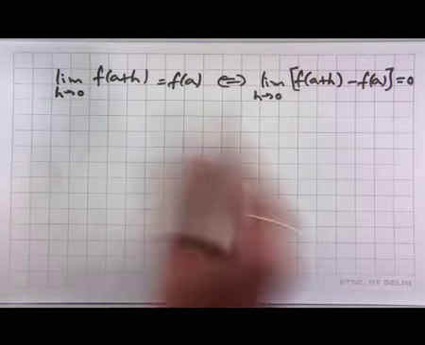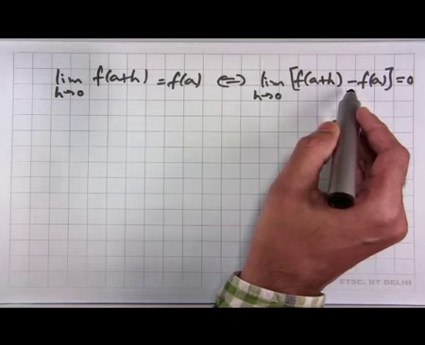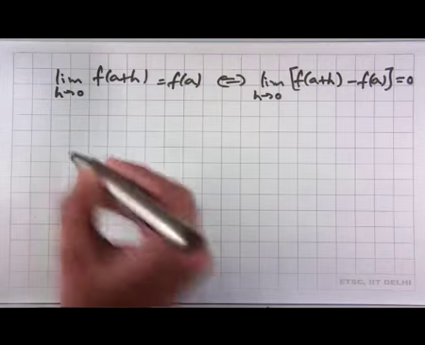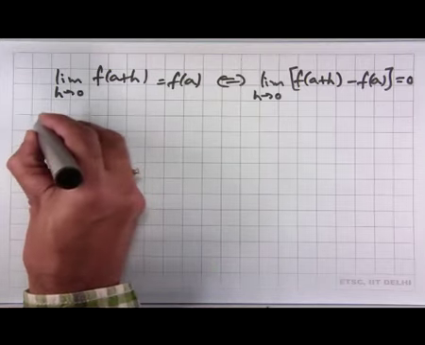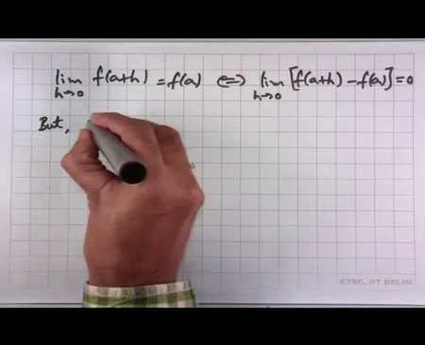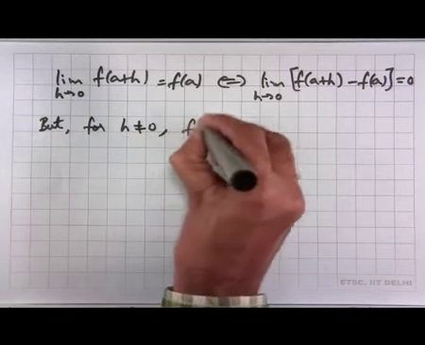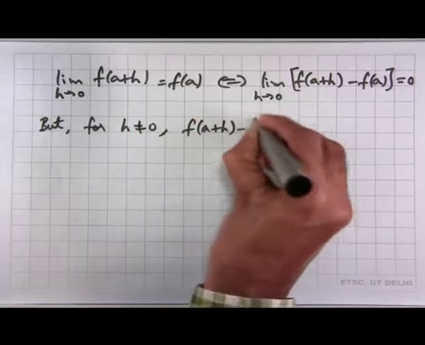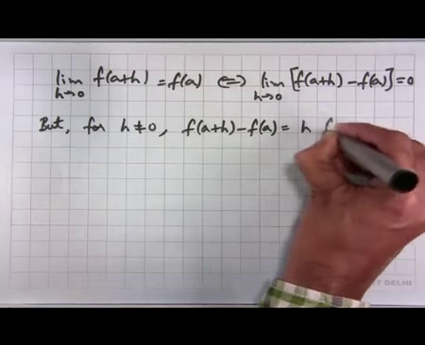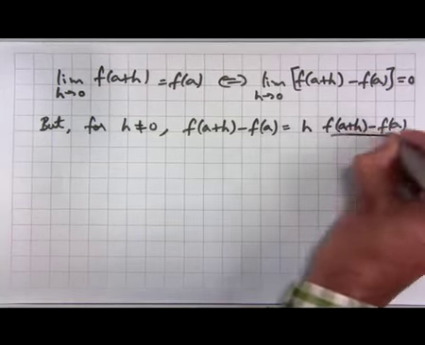Now, this is the numerator of the difference quotient in the definition of derivative. But for any h not 0, f of a plus h minus f of a can be written as h times f of a plus h minus f of a divided by h.